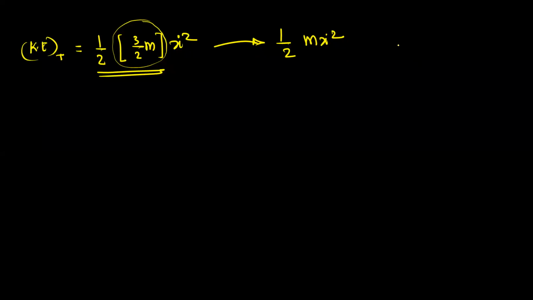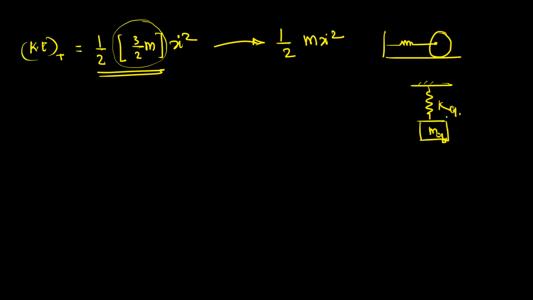That means I can represent this system, which is actually a rolling system, like this. For this system, this mass becomes the equivalent mass and K will be the equivalent stiffness.